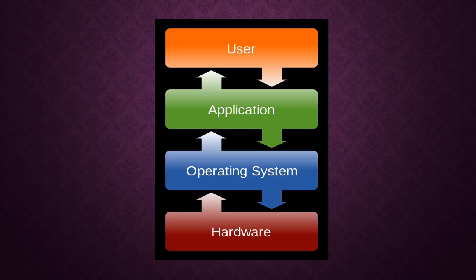Hardware is the physical devices which are visible, like monitor, printer, CPU, etc. And in between is the heart of the computer system, that is your operating system. It connects the computer user with the hardware.